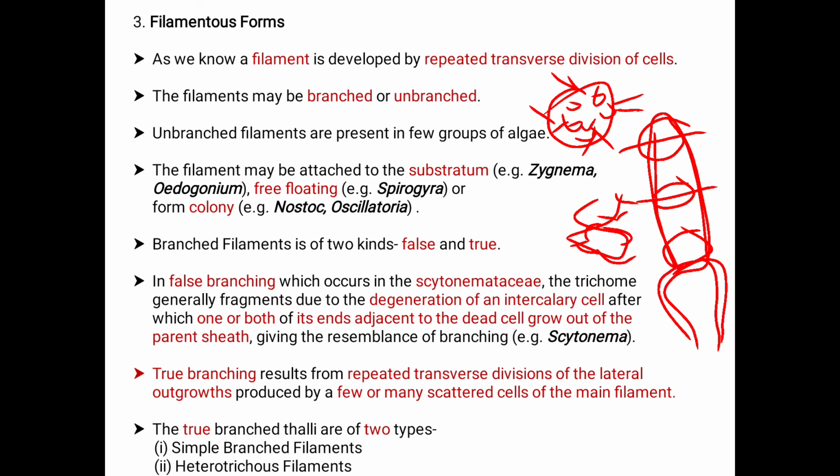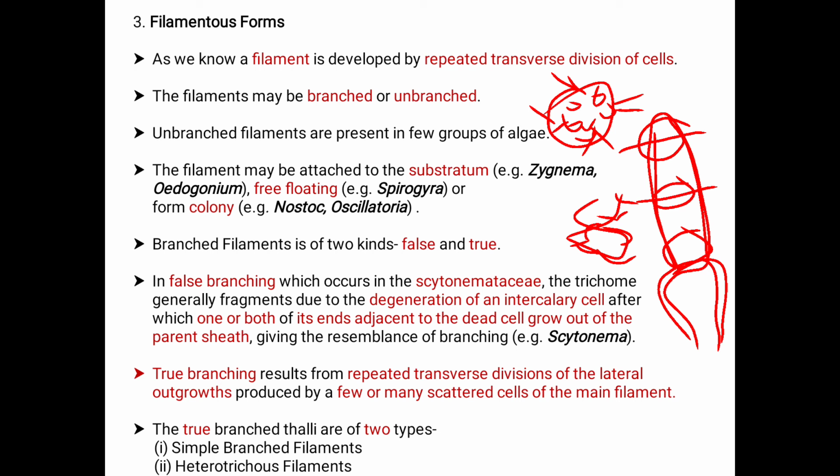Here the trichome generally fragments due to the degeneration of an intercalary cell, after which one or both of its ends adjacent to the dead cell grow out of the parent sheath, giving the resemblance of branching. This is in the case of Scytonema.